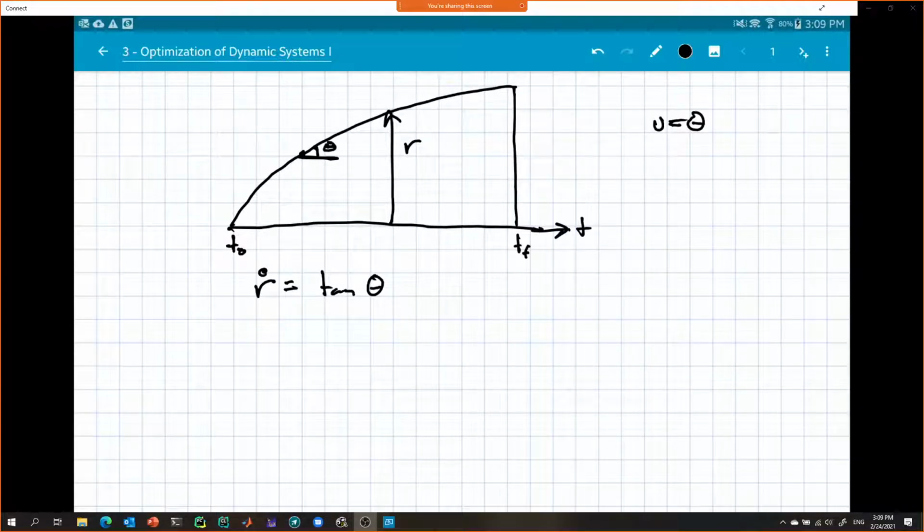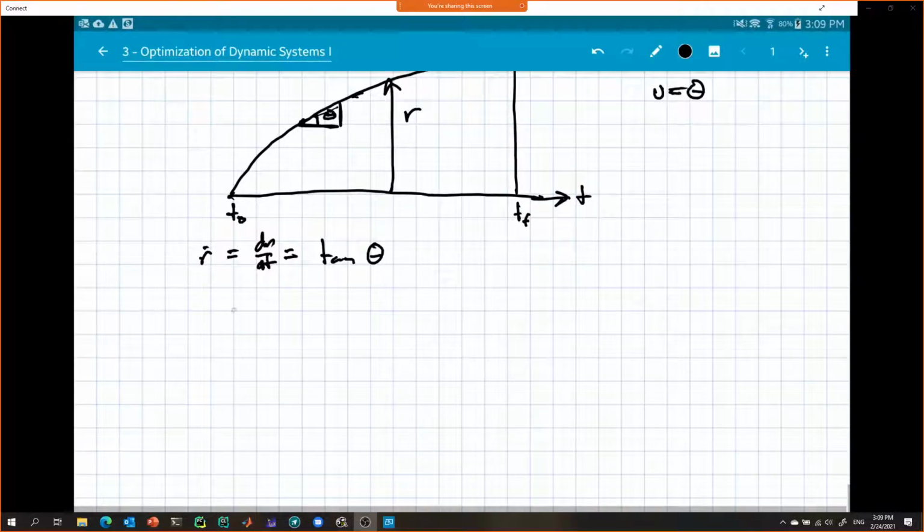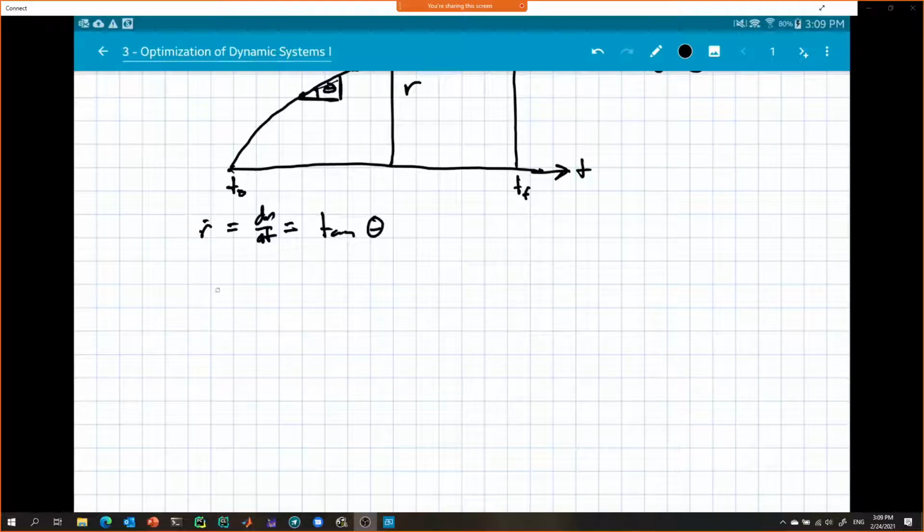Does that make sense? So this slope at any time is the tangent of this. I'll rewrite that. These are our dynamics, and then using a Newtonian hypersonic flow, we have a drag coefficient that is equal to this.